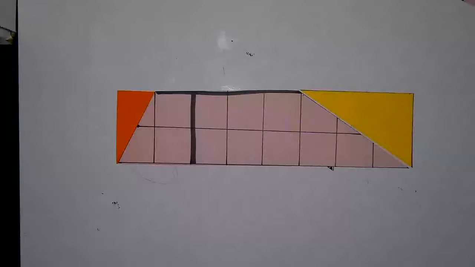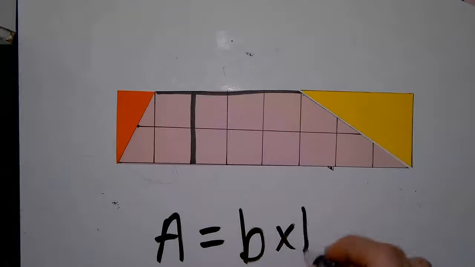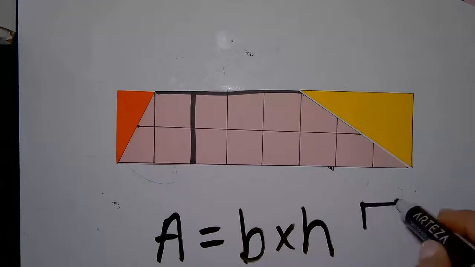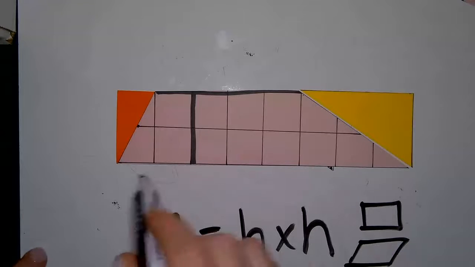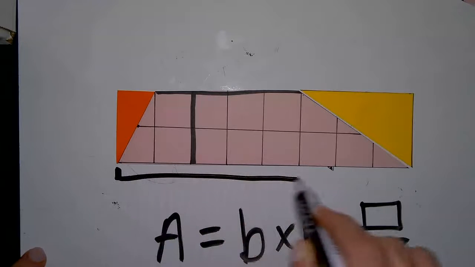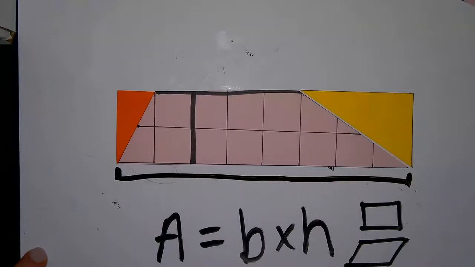I can use my formula, A equals base times height. And I'm saying rectangle because it is a rectangle, but of course a rectangle is a parallelogram. So either of these words work. Now that I know I can do A equals base times height, I need to find the length of my base.